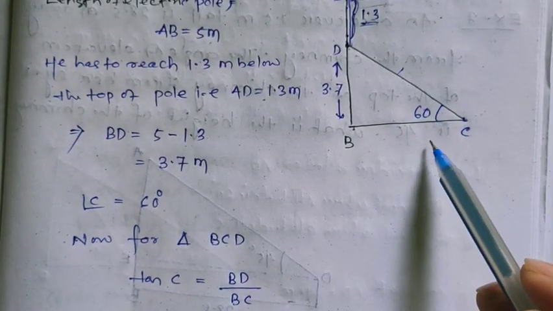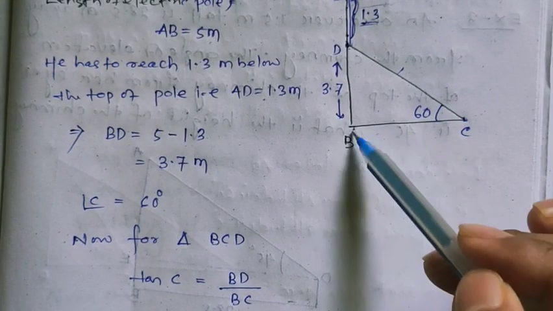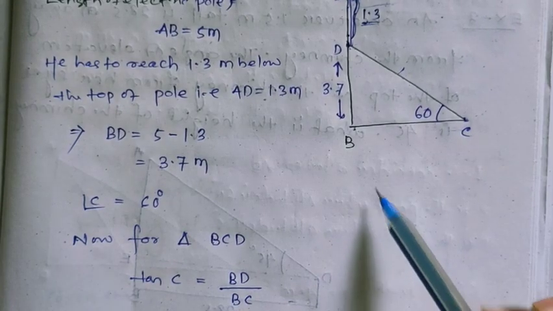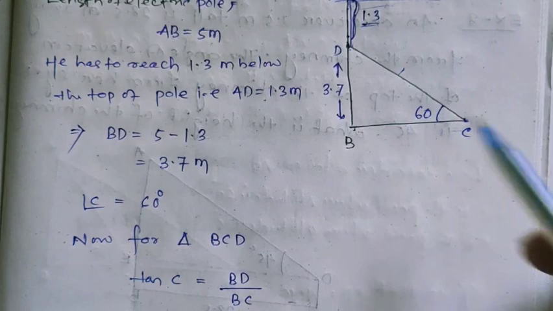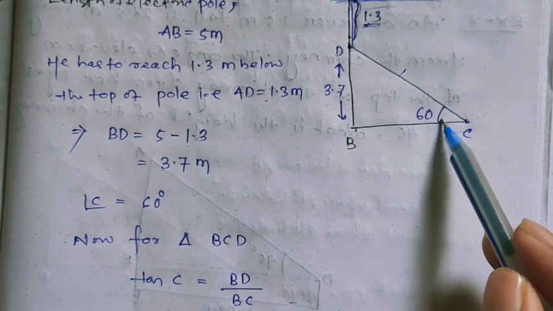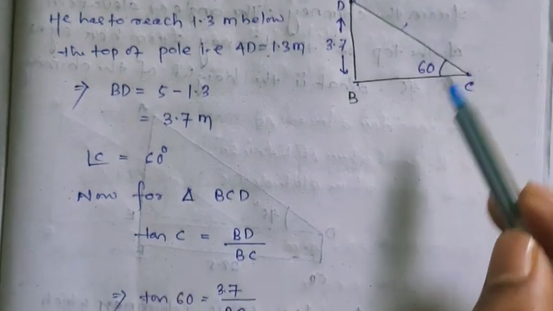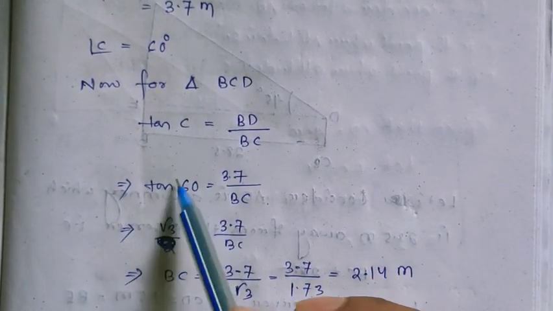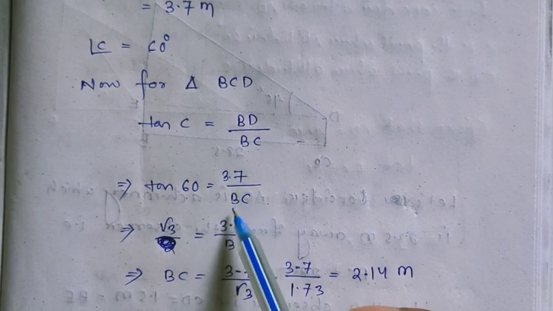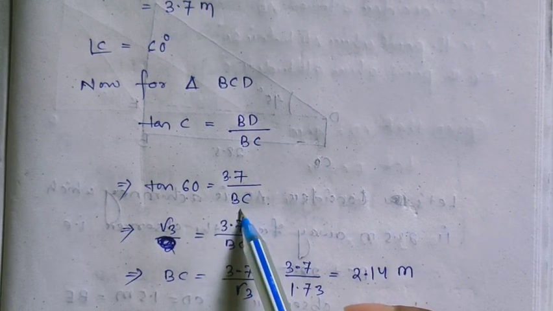So here I can write in triangle BCD, tan C is equal to BD by BC. This is your H, this is your B, this is your B. So tan C is equal to BD by BC. And given that C is equal to 60, tan 60 is equal to 3.7 divided by BC.